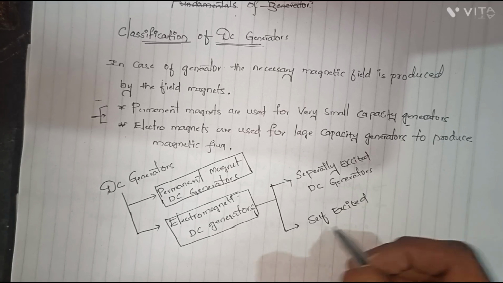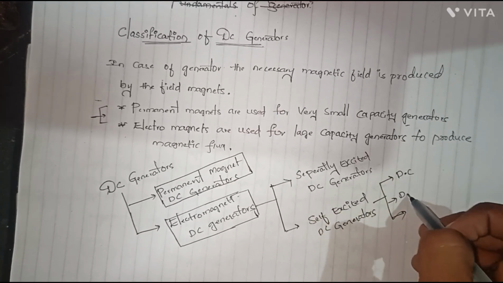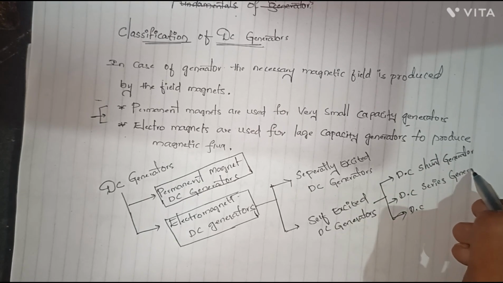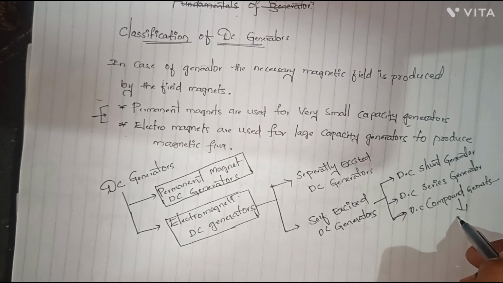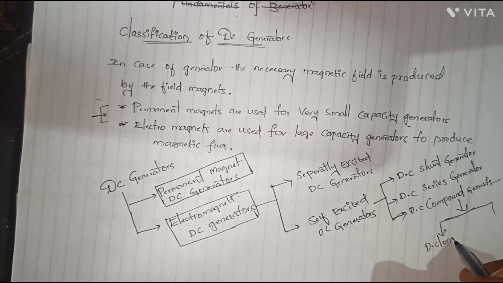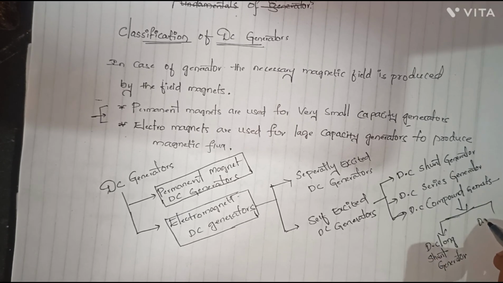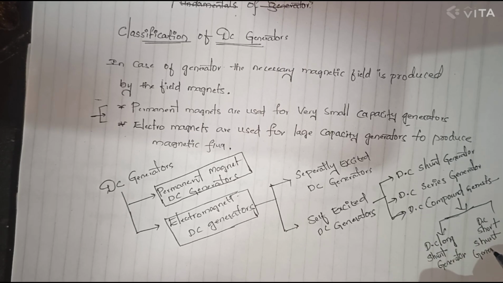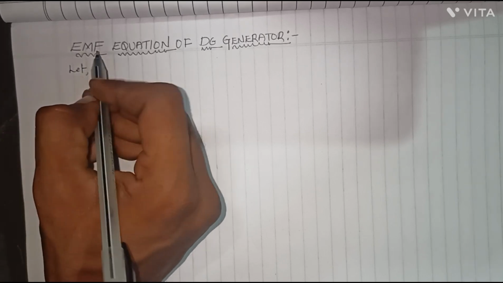Self-excited DC generators can be classified into three types: DC shunt generator, series generator, compound generator. Further, compound generators can be classified into two types: DC long shunt generator and DC short shunt generator. Just now we have completed classification of DC generators.